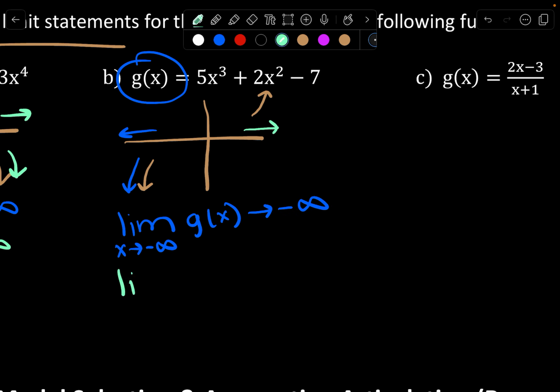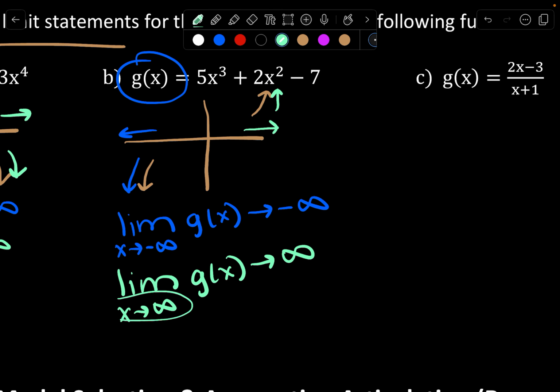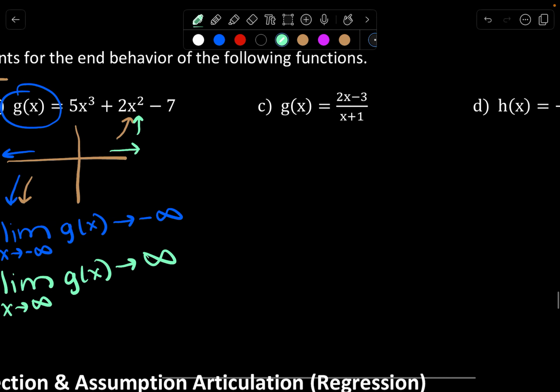And my right limit statement, which means x is approaching positive infinity for g of x, my y values are increasing without bound, so now we are approaching positive infinity. So how you wrote it in Algebra 2, it's in there, because g of x is technically y, but now we can see how it fits into the picture of limit notation.